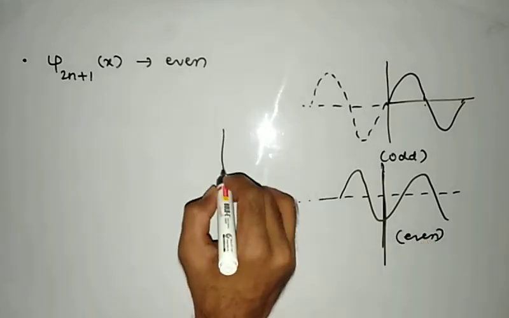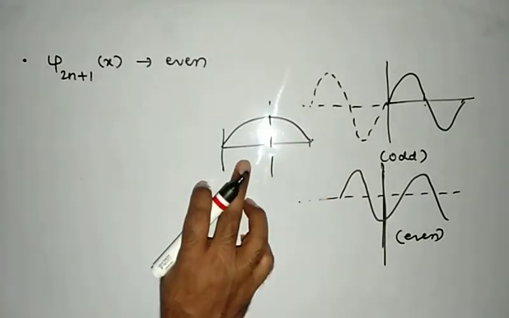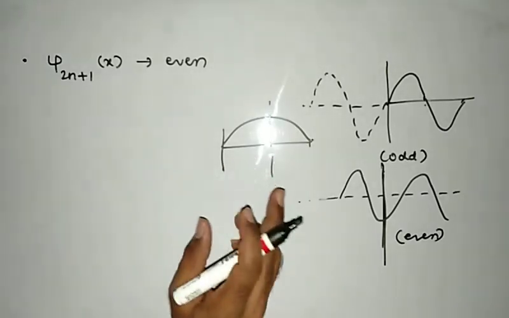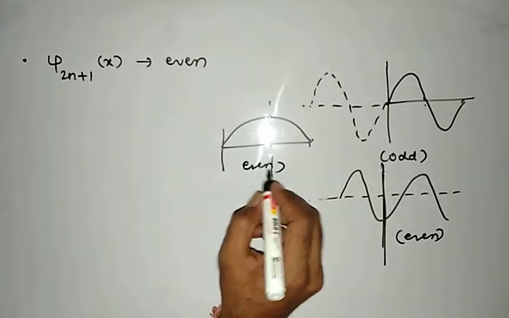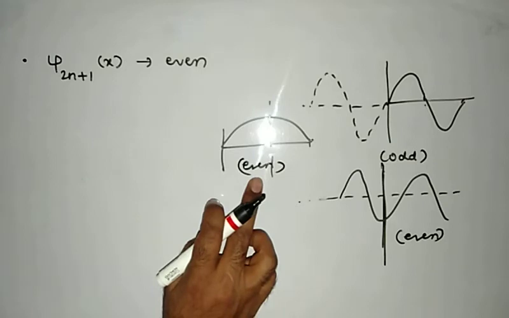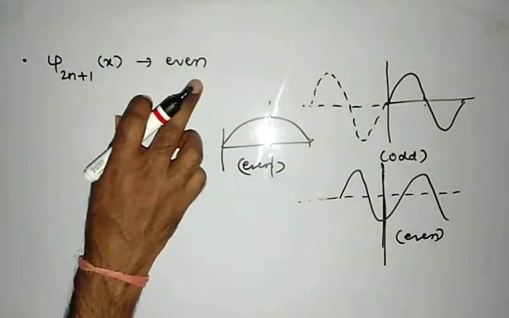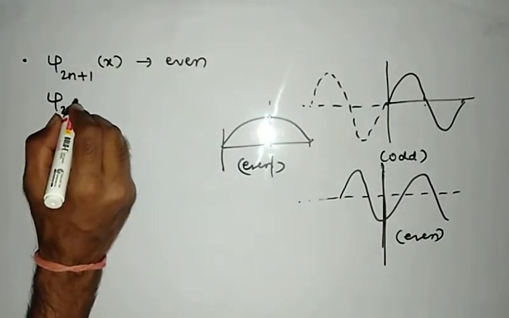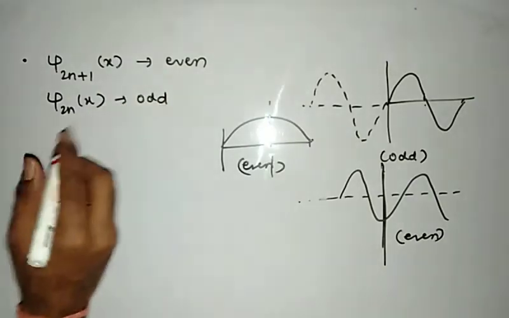Also between 0 to a, this is also symmetric, so this is even. So psi 2n plus 1 is even, and psi 2n is odd. This is with respect to the center of the well.